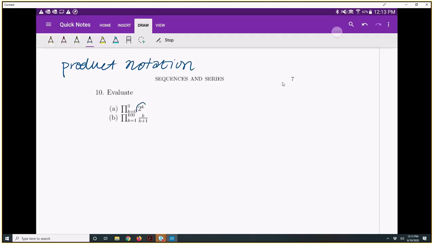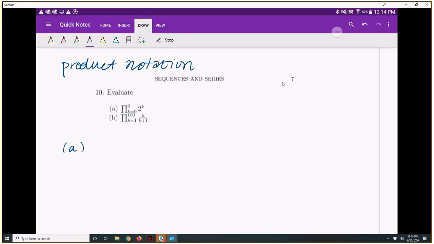We'll have the general term here, the letter k is the index, and we'll have an initial index, in this case 0, and a terminal index, in this case 3, but we'll be taking products instead of adding. So I'll show you that. We just want to find these values.